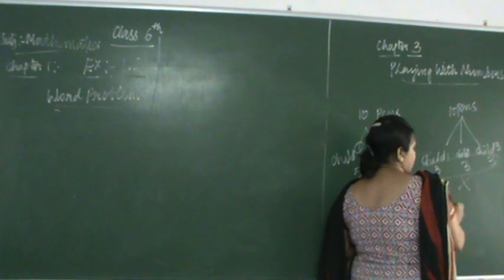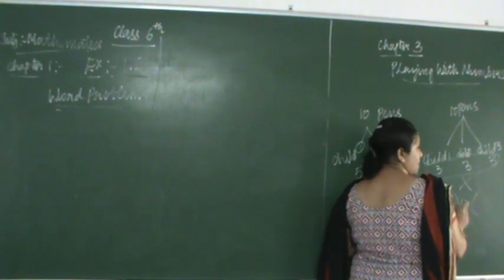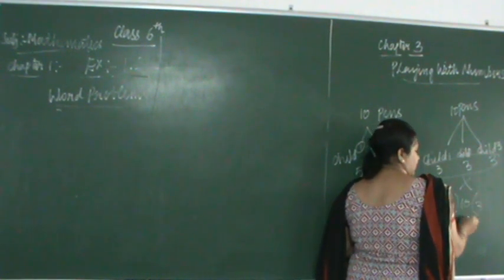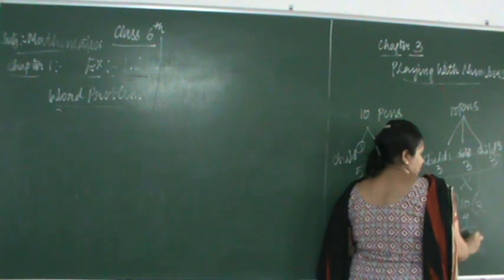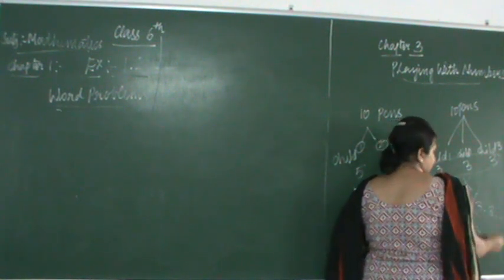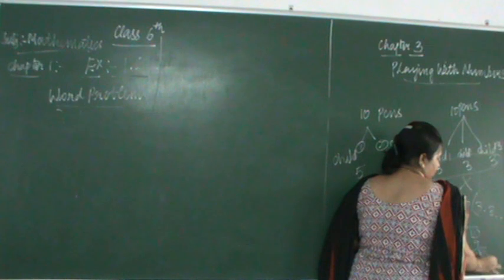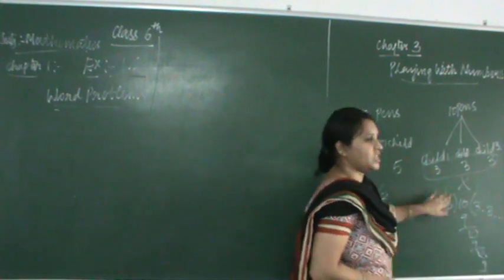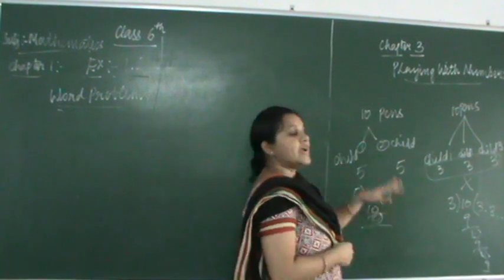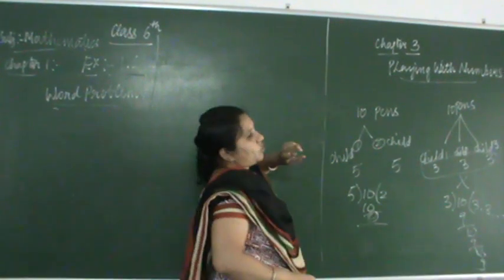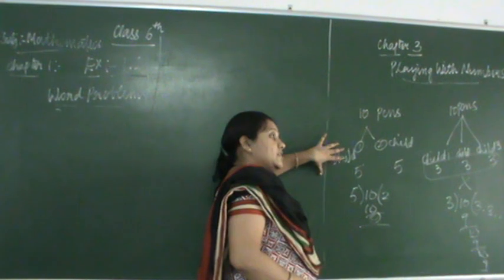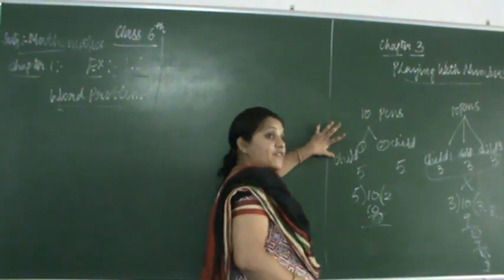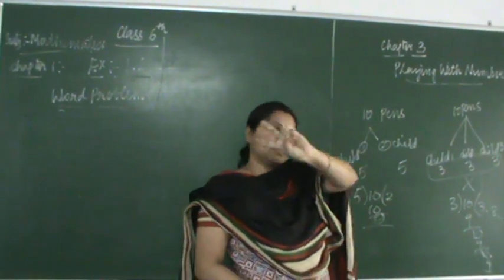Whereas 10 divided by 3 is not divisible. 3 3s are 9, remainder 1. This is not possible. To divide 10 pence among 3 children is not possible, whereas 10 pence among 2 children is possible. See the reverse, children. 10 pence can be divided among 5 also, with 2 pence each.